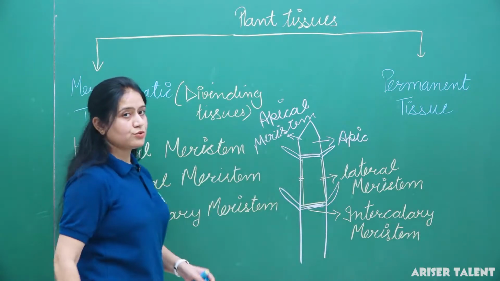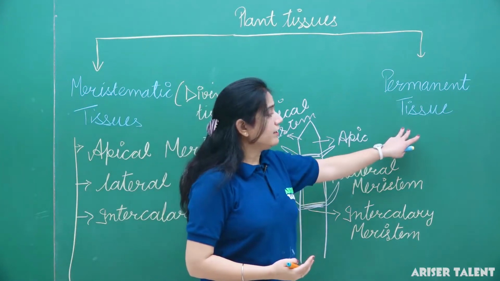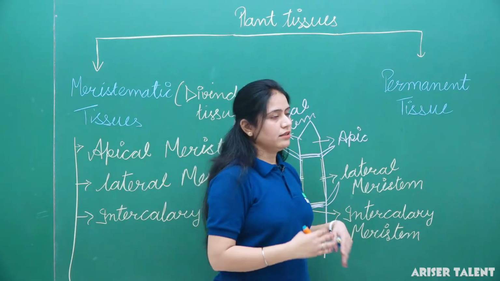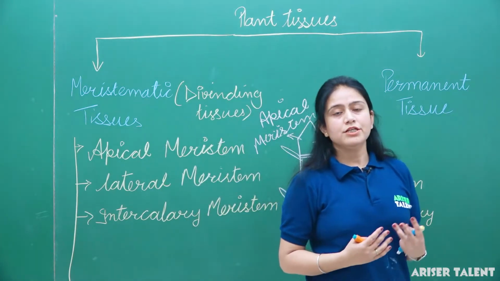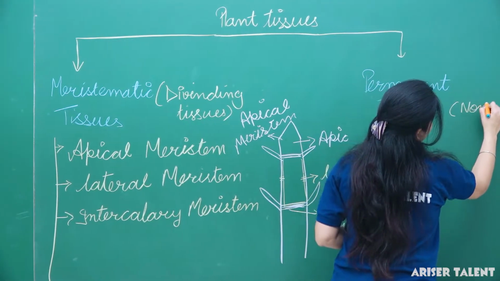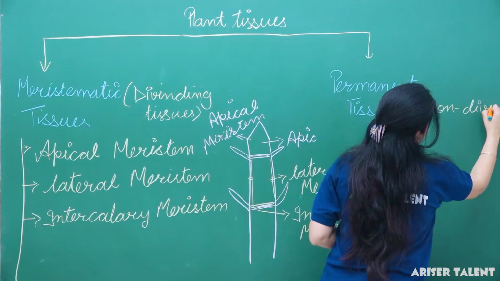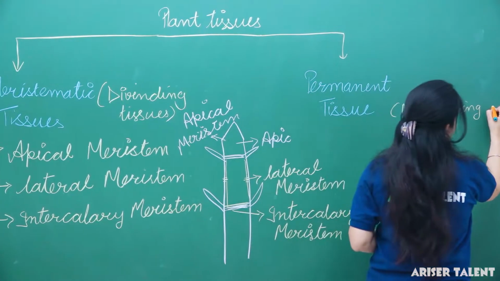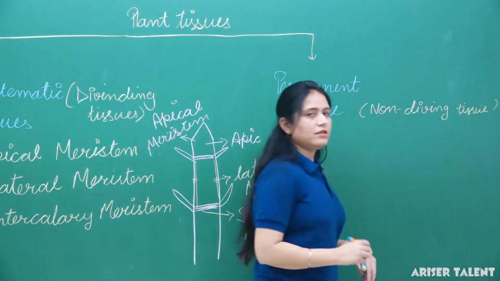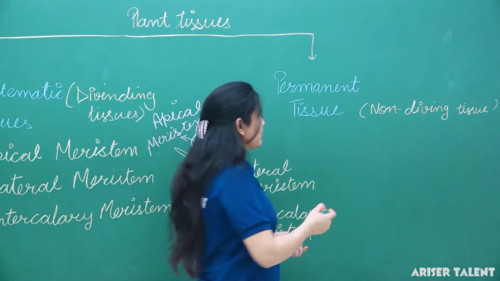Permanent tissues are just the opposite. They are known as non-dividing tissues because the cells are not dividing and the tissues have taken a permanent shape and size.